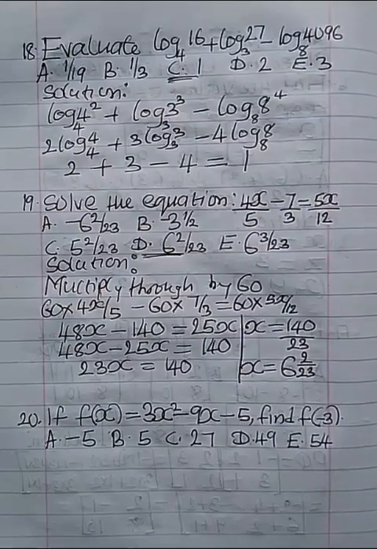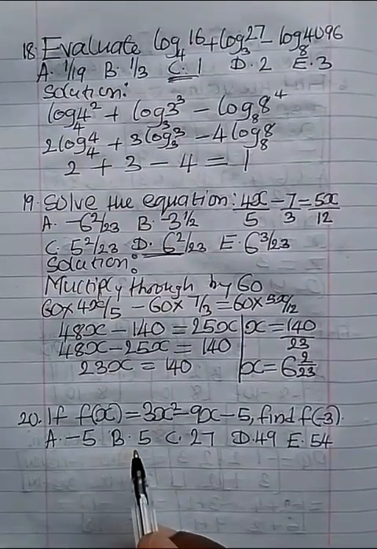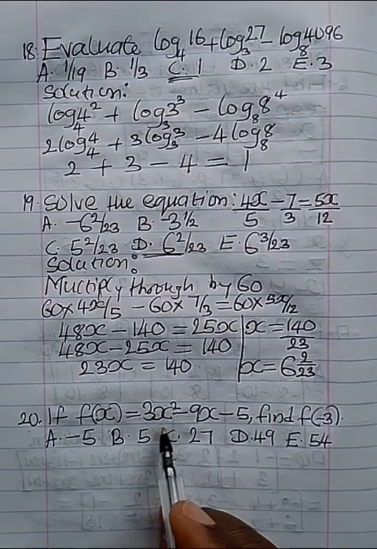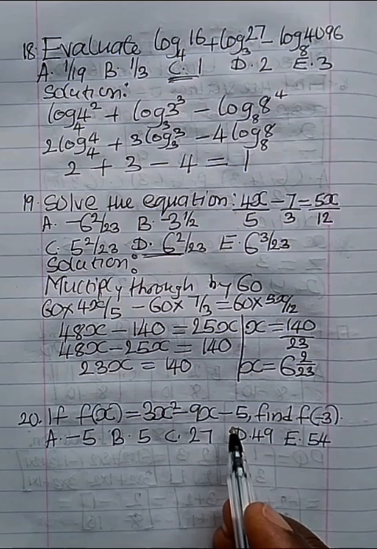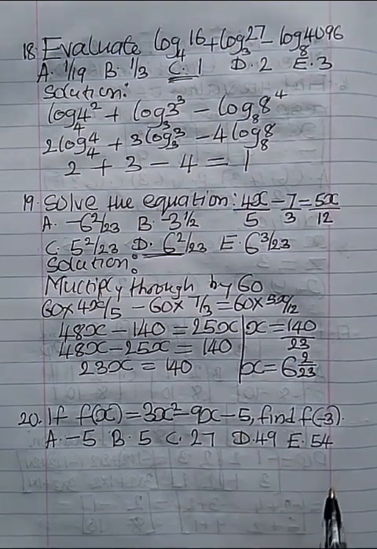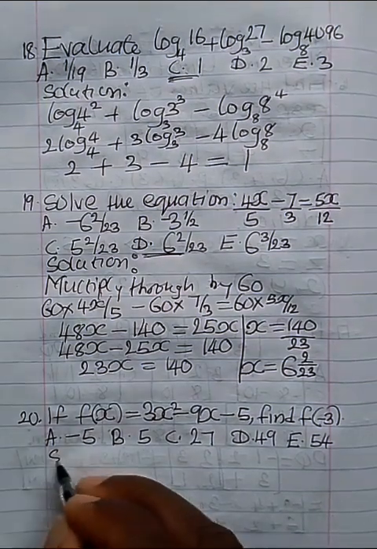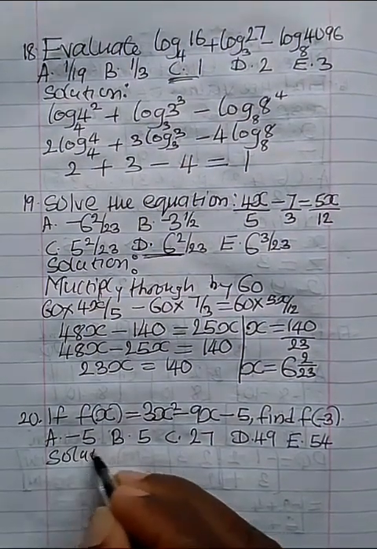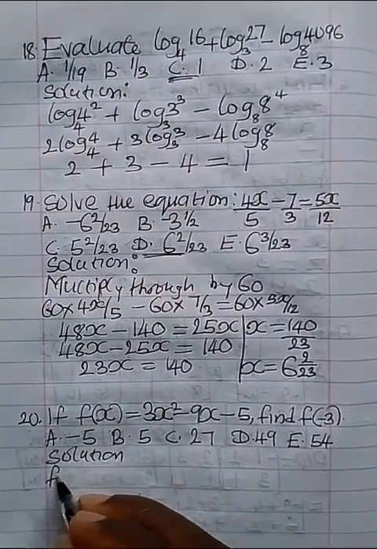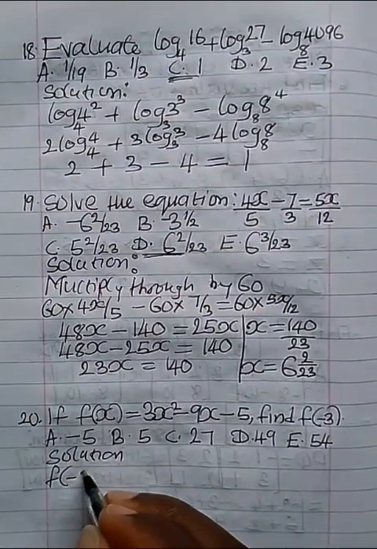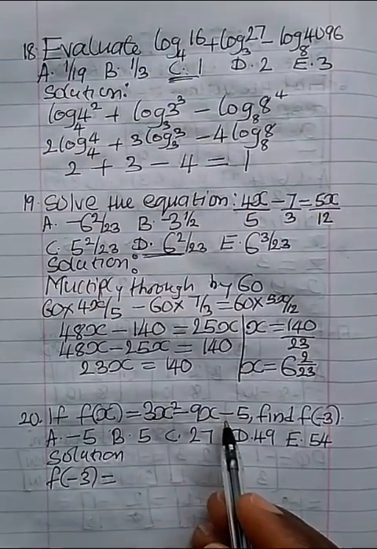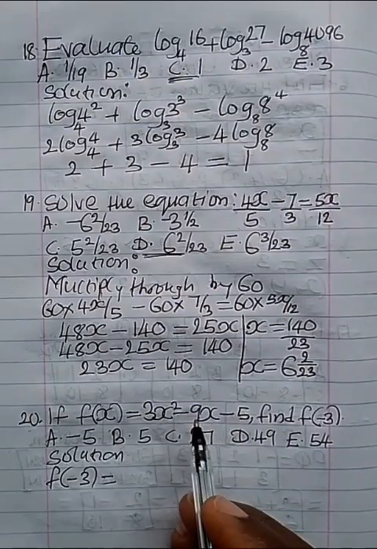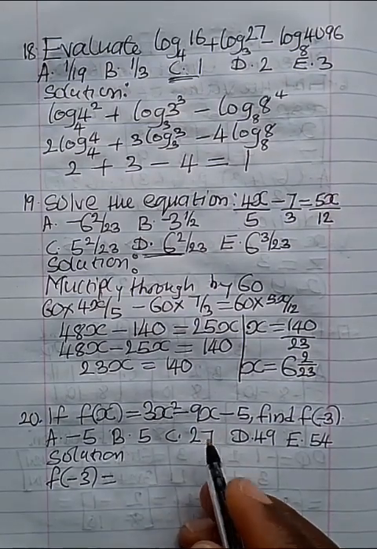Question 20. If f of s is equal to 3s squared minus 9s minus 5, find f of minus 3. Let's take the solution. F of minus 3 is simply coming here and you replace s with minus 3.